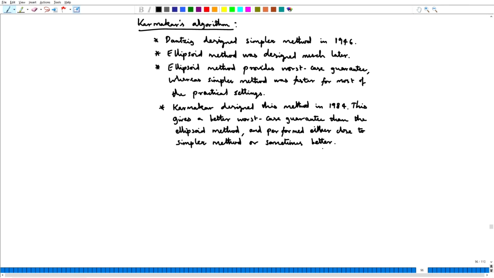So this was clearly much better than the ellipsoid method, and for practical purposes sometimes it was better than simplex, and even when simplex was better, Karmarkar's was still performing close to what simplex would have given. In many places after Karmarkar gave his algorithm, people started employing it rather than the simplex method, but the simplex method still continues to be in use.